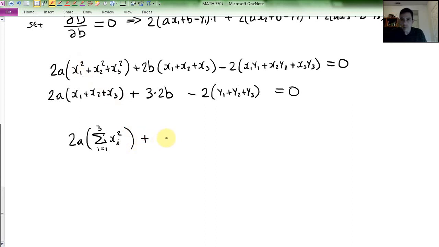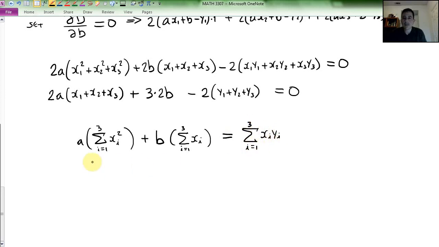Plus, in the first equation, I can divide the entire equation by 2, so I can move the 2 out, and then plus b times the summation of the x's from 1 to 3, and then move that to the other side. That gives me the summation of xiyi.